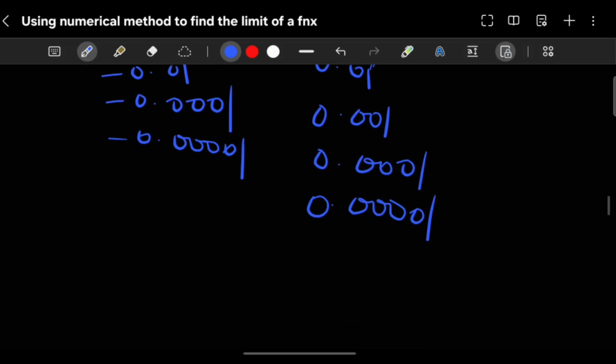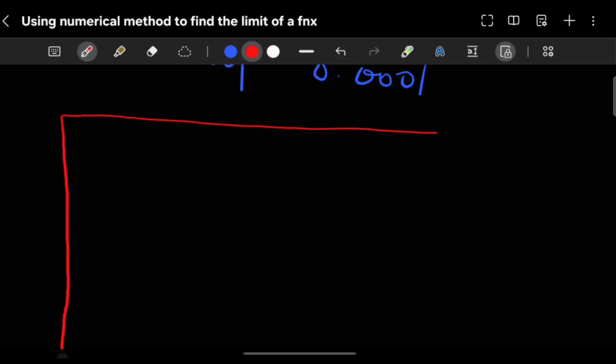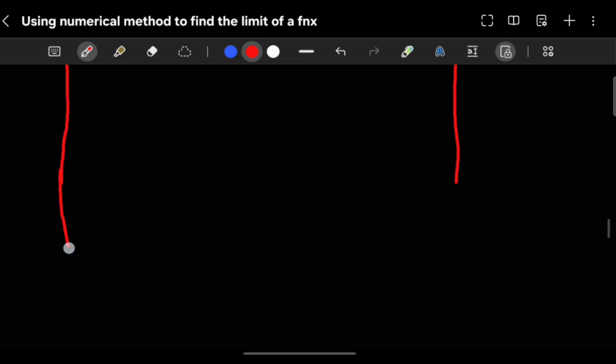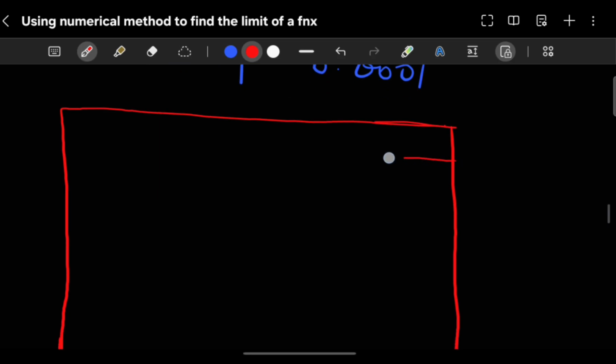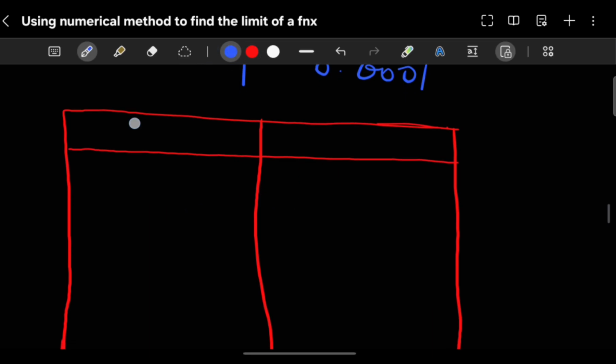So what is the next method? The next method is that we're going to draw a table. As we've already learned, we draw a table to input the values to check how the function is changing. I hope that is clear. So the next thing we're going to do is write this, then divide this into 2, then we write on top left hand side and right hand side.